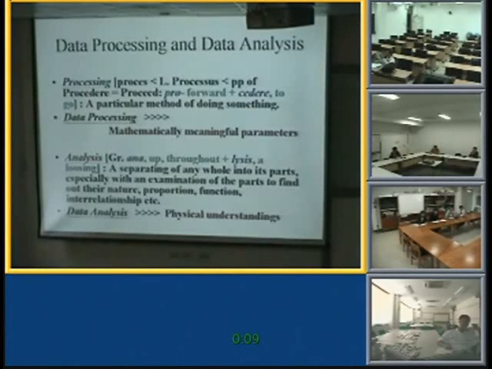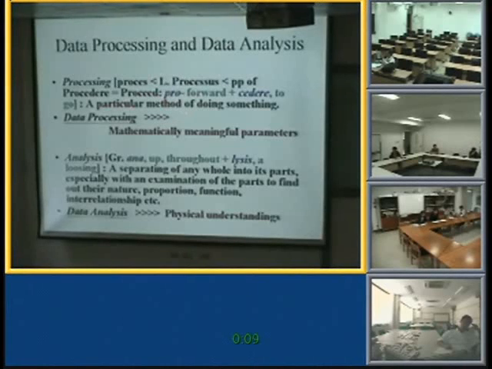Processing, this word data processing comes from the root word of process. This process is a Latin word, and it comes from 2 parts. Pro means forward, cedere means to go. So the whole word processing in English implies that you just go forward.